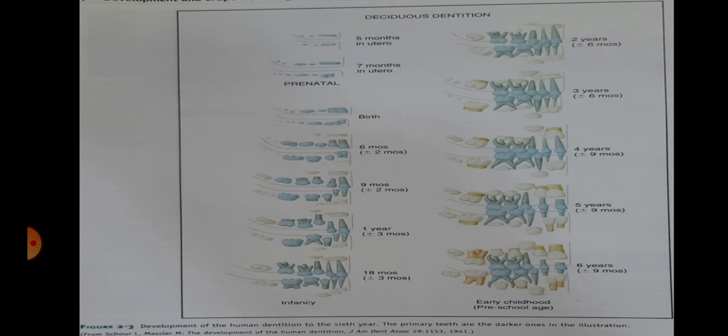In the absence of a succeeding permanent tooth, the root of the primary tooth may only partially resorb.